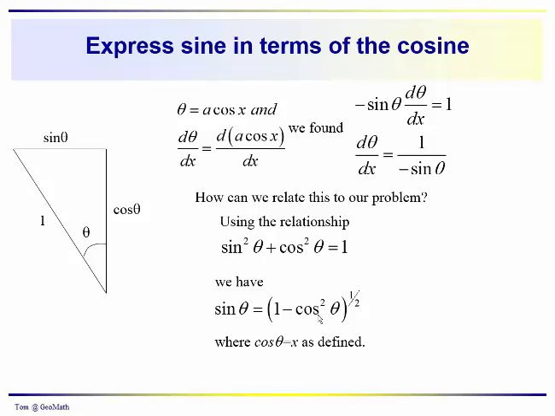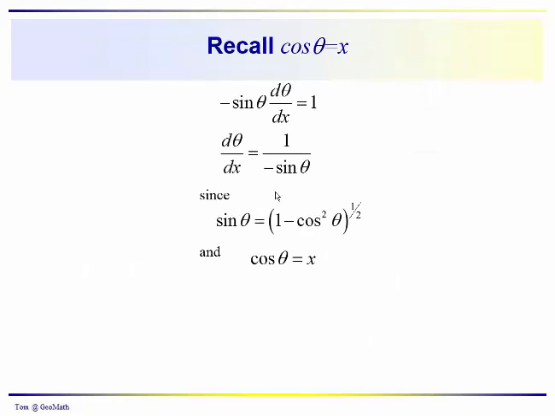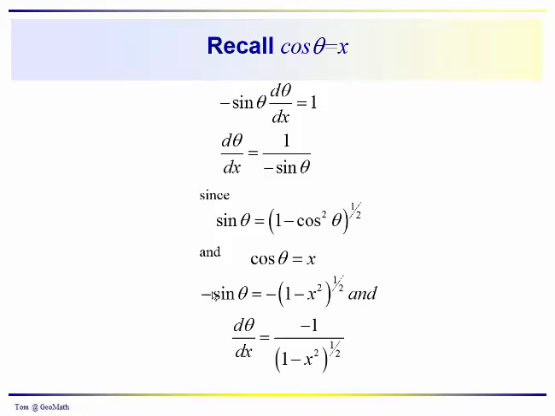So what are we going to do here? Again, this is all a bit of review. We have cosine of theta equal to x. A bit of redundancy here, leading you in that direction. Well, this is just going to give us that minus the sine of theta we have up here is equal to minus (1 minus x squared) to the 1/2 power, where x is equal to the cosine of theta.